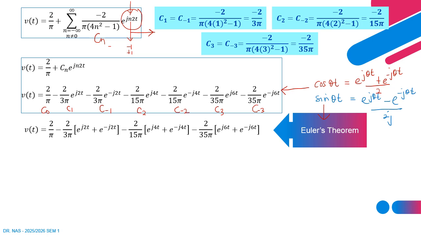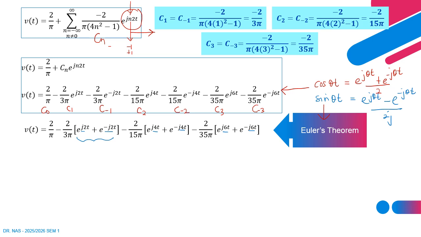Now when you have the exponential form, you can group the terms that have the same coefficients and the same frequency values, but the frequency varies for positive and negative frequency. Group them based on the frequency values and the coefficient values, and then compare with Euler's theorem. This is basically in cosine shape.